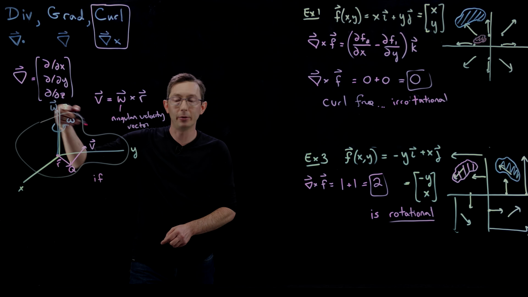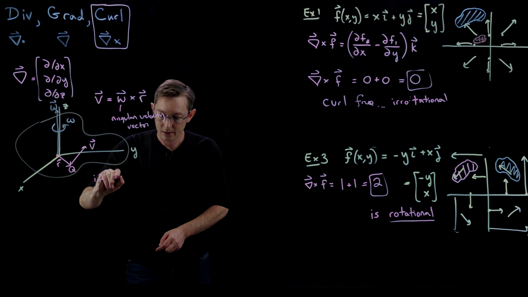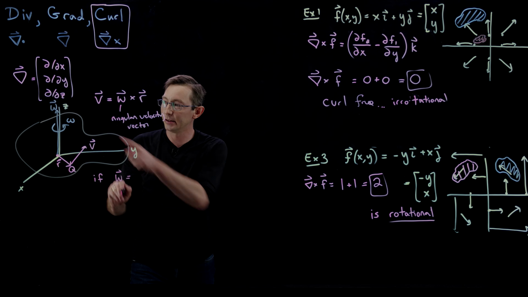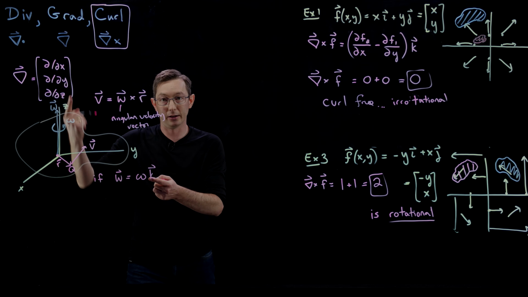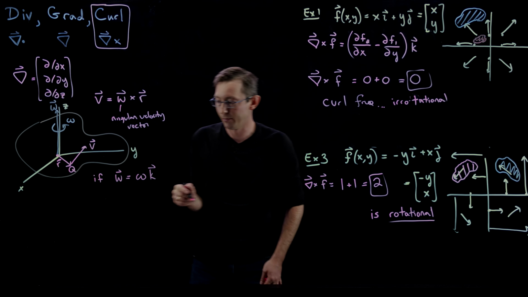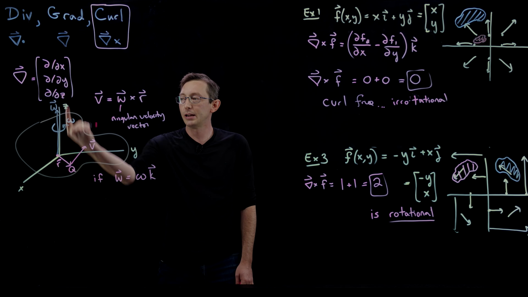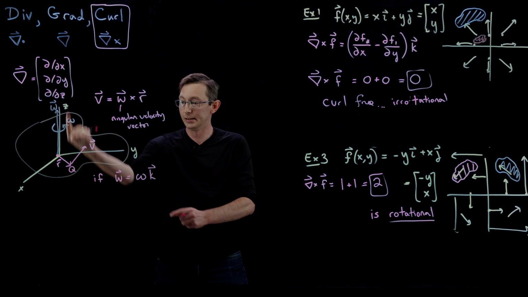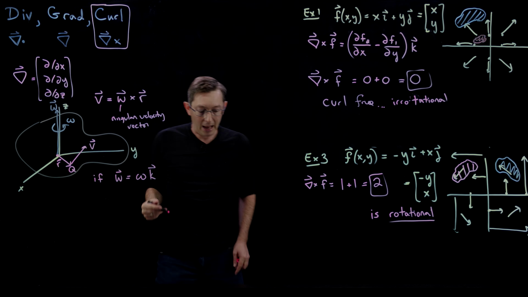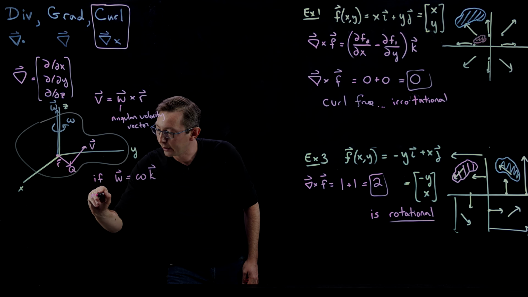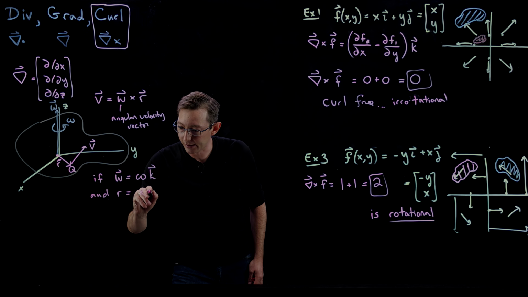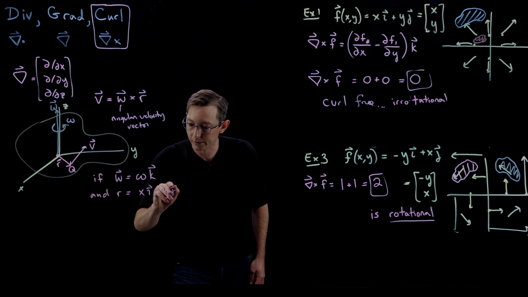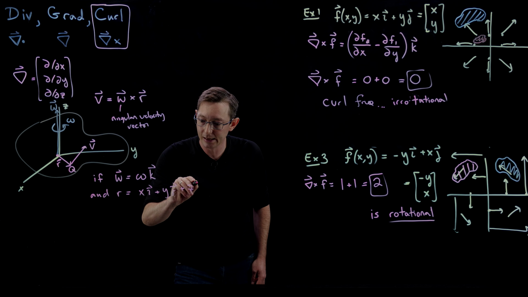And so now let me write, assume that this w vector is just omega in the k direction, in the z direction, kind of in the z third component. If omega is just rotating at some constant rate omega in the z direction, and if we say r equals x in the i direction plus y in the j direction plus z in the k direction.